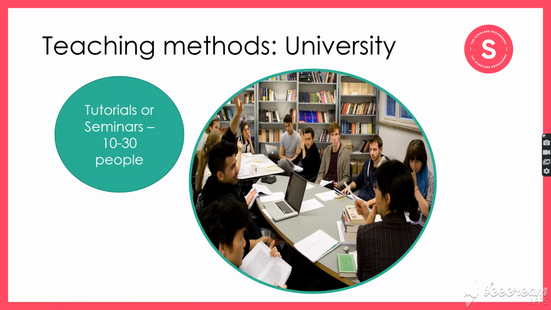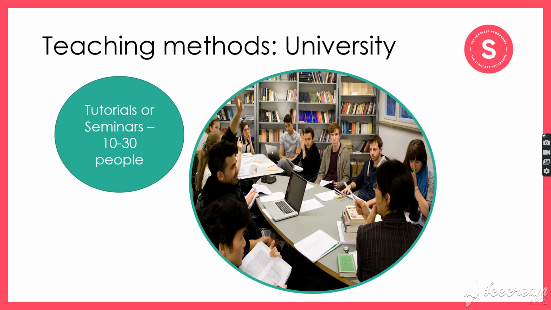One of the other core teaching methods at university are tutorials or seminars. These are smaller groups of people. You can sometimes expect to have 10 to 30 people in these seminars. As you can see from the picture, the structure of tutorials or seminars is very different to a lecture.